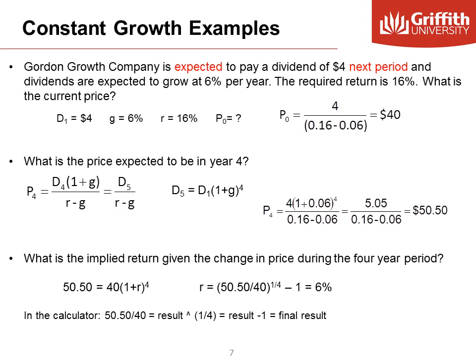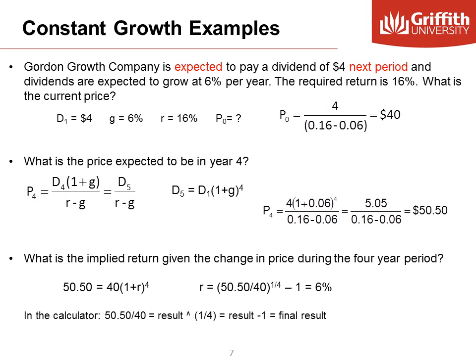Easy, we apply the simple formula and find the price to be $40. The next question asks, what is the price in year 4? Remember we said we can use the same model to find the price sometime in the future.